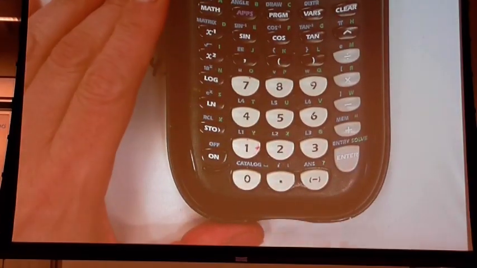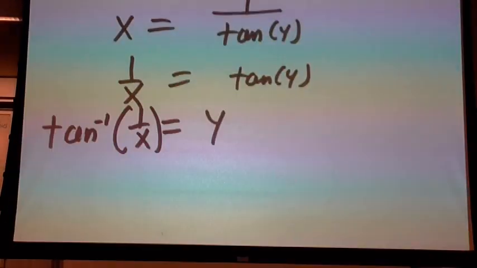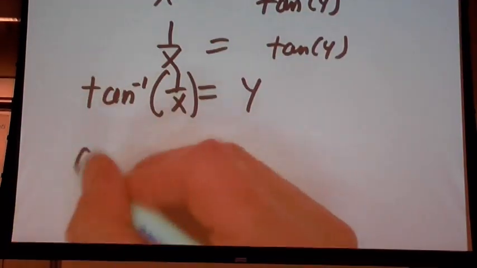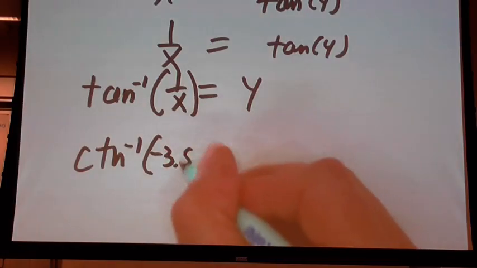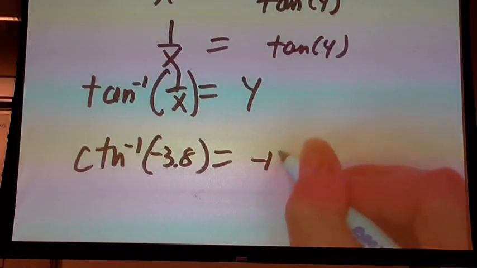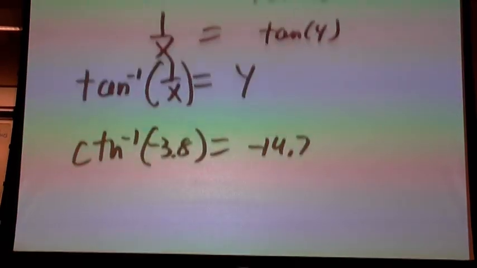Remember, minus 1 is down here, not here. Okay, minus... principal value of cotangent minus 1 of negative 3.8 is negative 14.7, what does it say, 14.7.